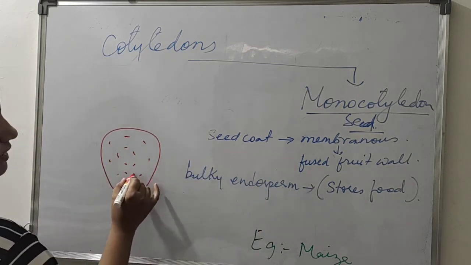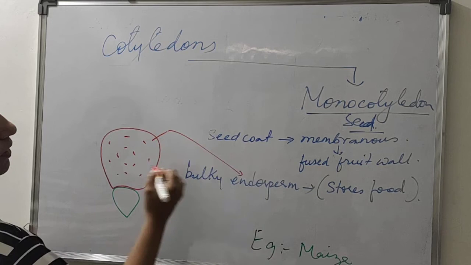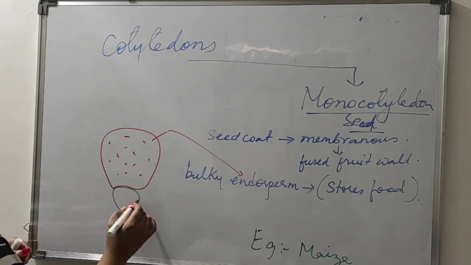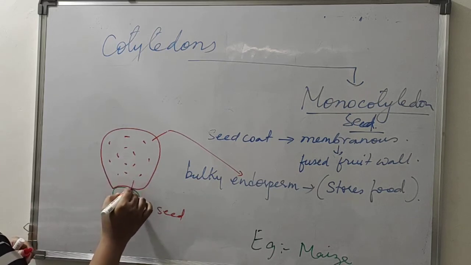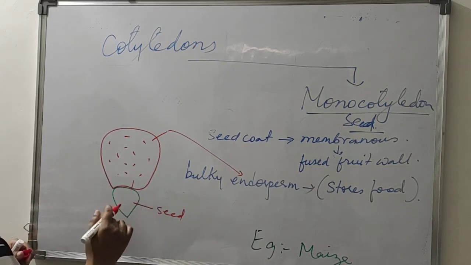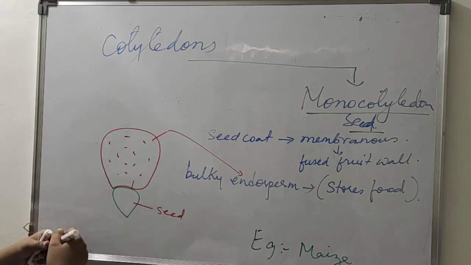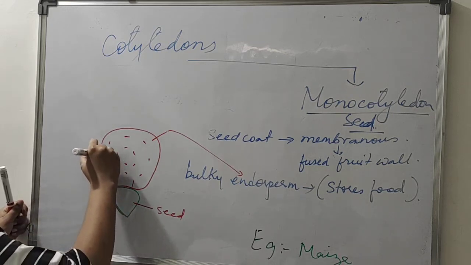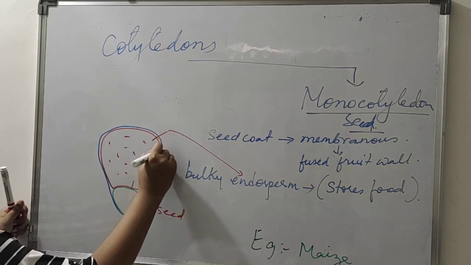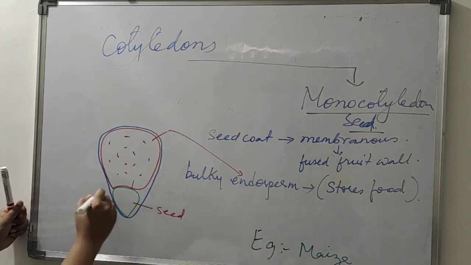This endosperm supplies nourishment to the seed, and the seed will develop into a new plant. And it has a covering, a membranous covering.